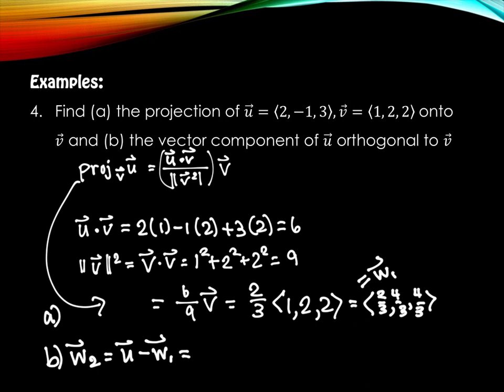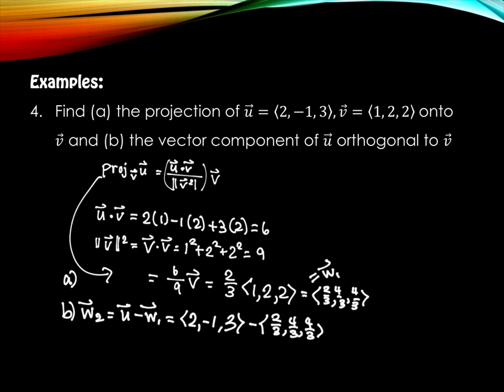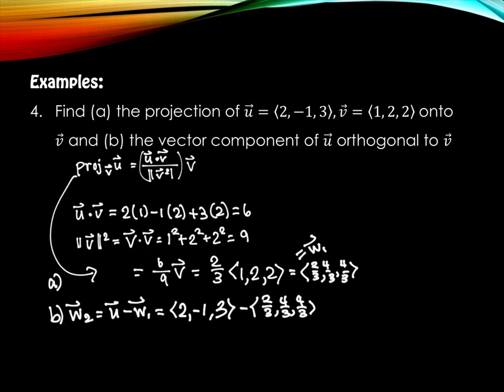So I'll write it in. My u is 2, negative 1, 3. And I'm going to subtract 2/3, 4/3, 4/3 as a vector. You can use your calculator if you need support with the decimals or the fractions, but it's subtracting component-wise.